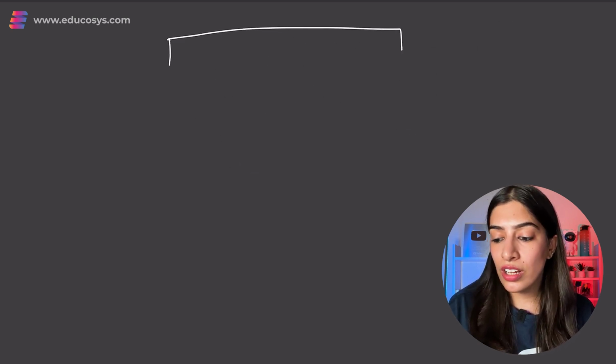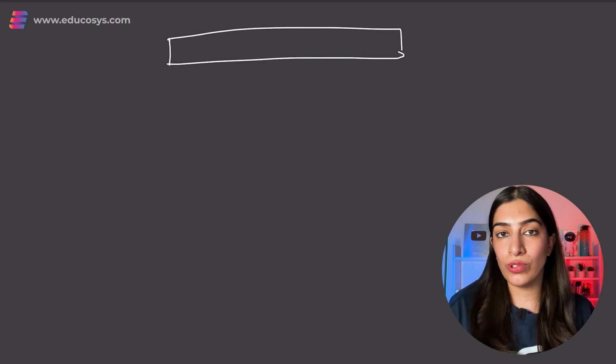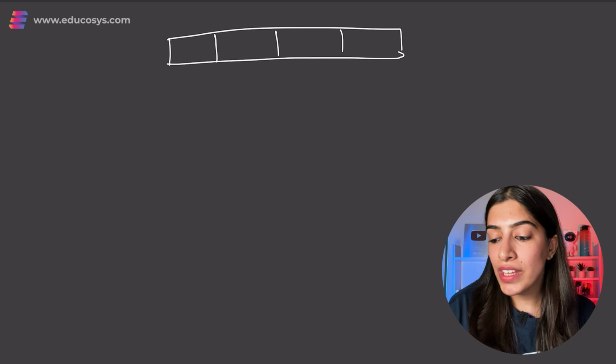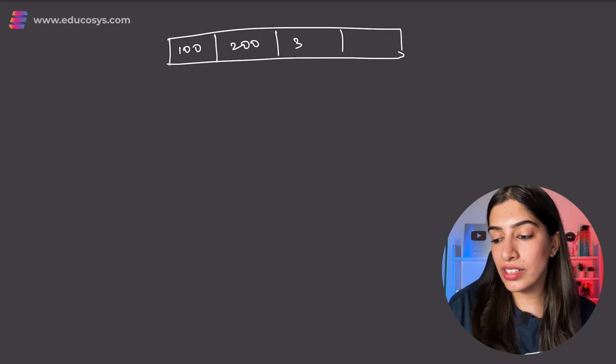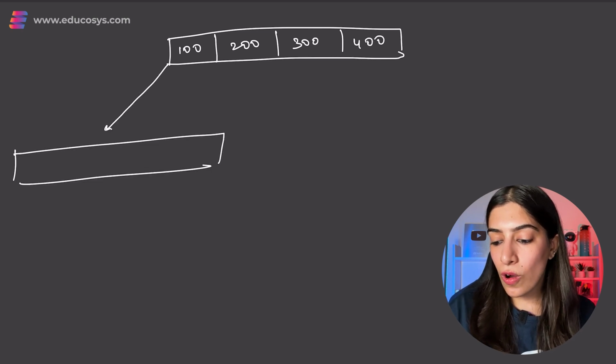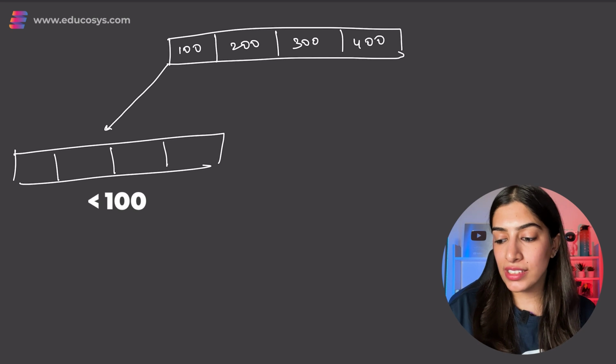So instead of doing that, why don't we store multiple keys in a particular node only? Now, how does this help? Actually, we need more comparisons now. Let me explain it in detail. Suppose the keys that we store in this root are 100, 200, 300, 400. All the key values here are going to be lesser than 100.